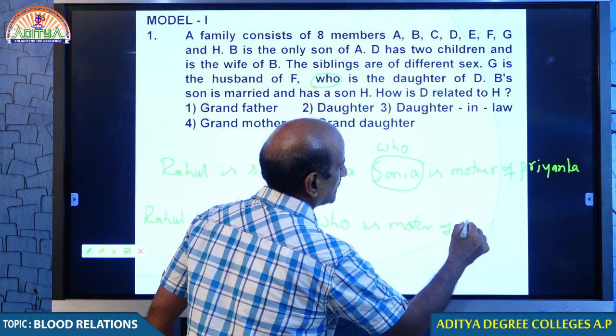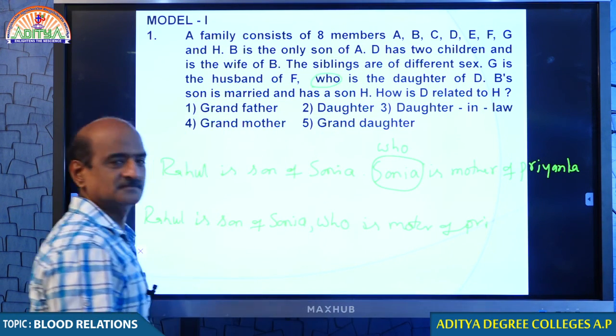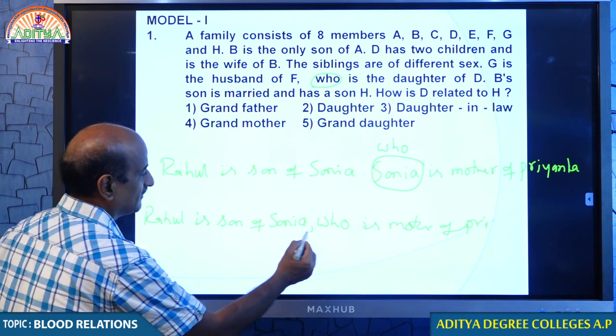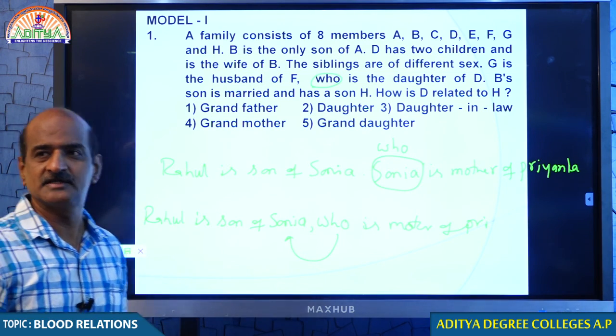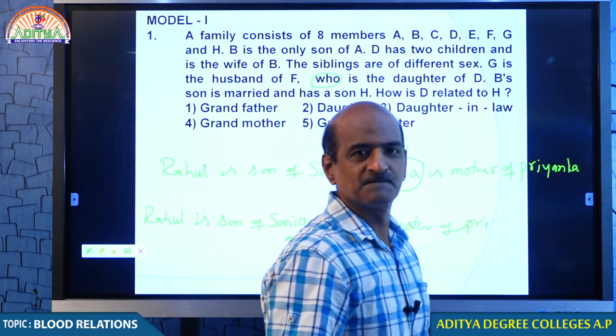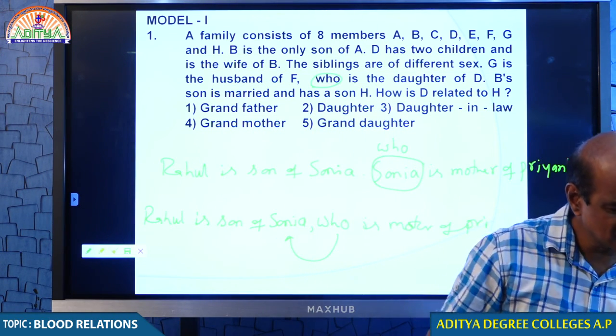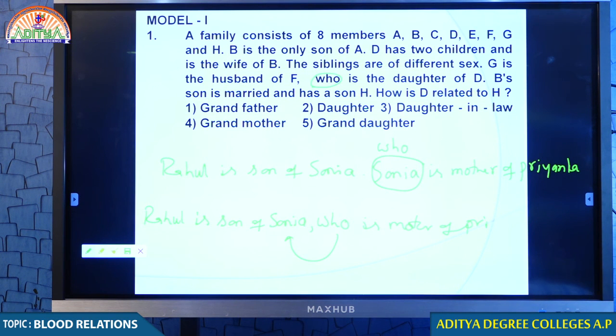Who means Sonia. Therefore, whenever there is the word who, it reflects the previous one, that is Sonia. I hope you understand, my dear students. So, this is why this question is so important.